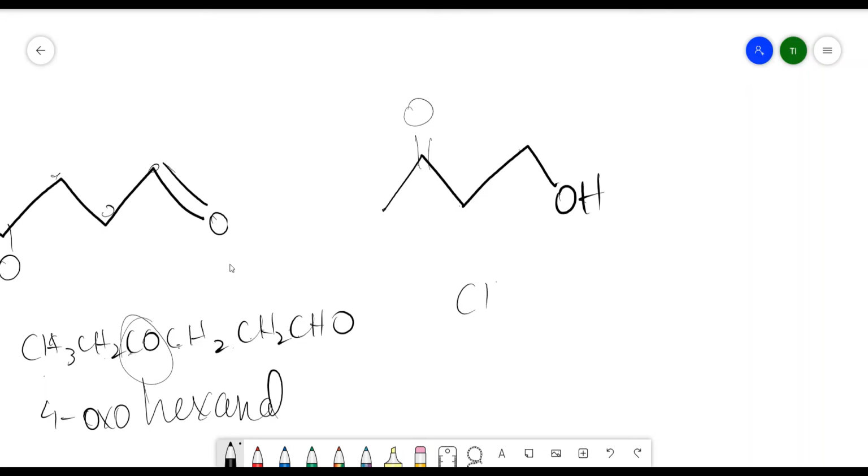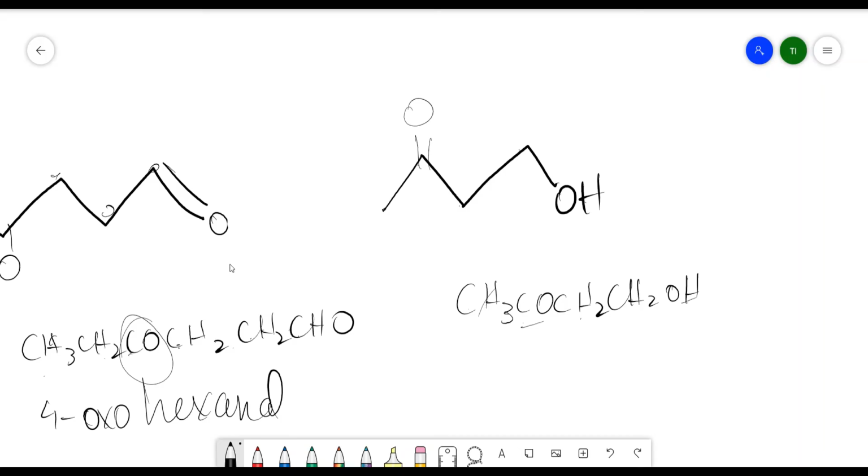So CH3, CO, CH2, and CH2OH. So going back to the priority grouping, which would get a higher priority here, the ketone or the alcohol? Well, the ketone would get the higher priority, so we would treat this as the primary functional group.